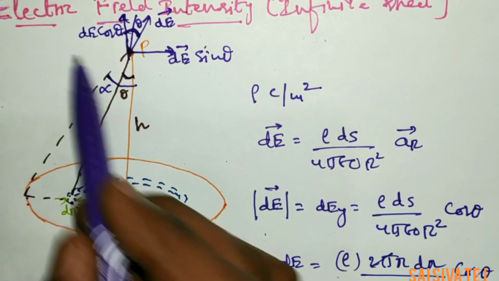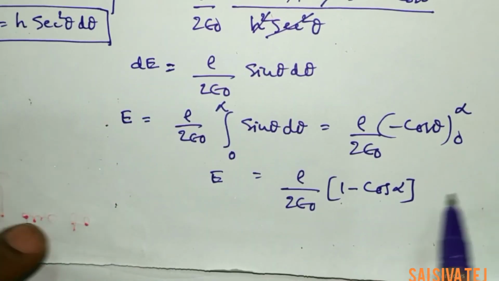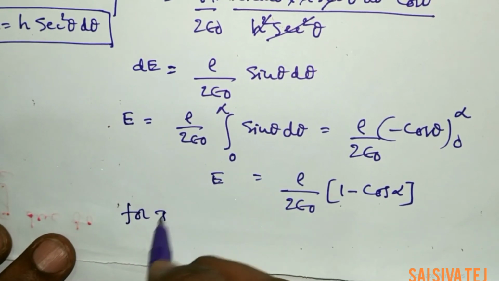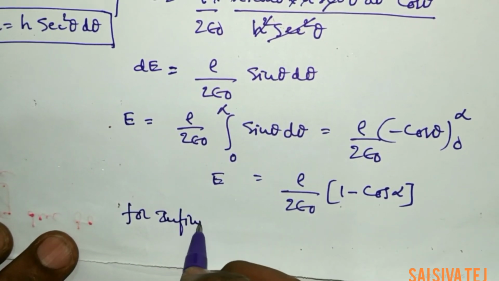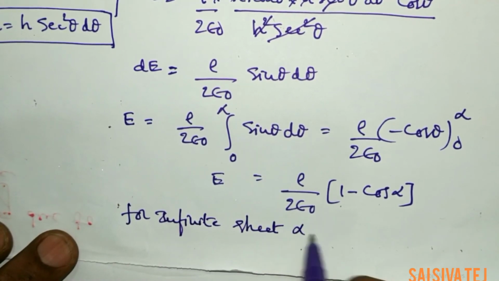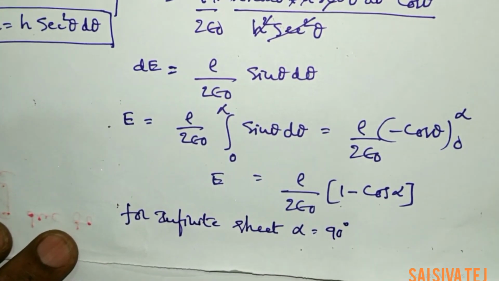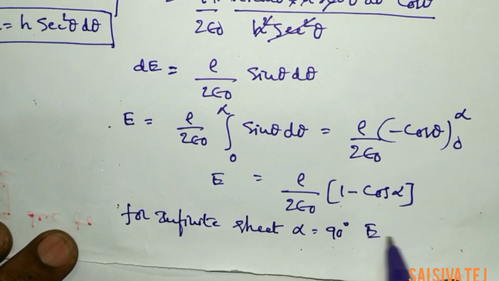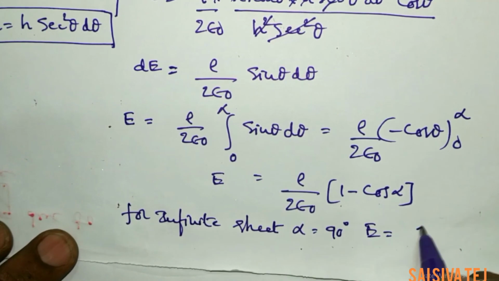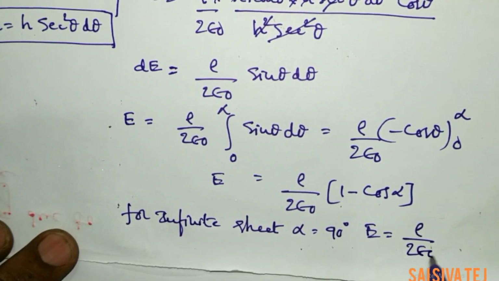Hence 0 to pi by 2, 0 to 90, alpha becomes equal to 90 degrees here. Hence for infinite sheet of charge, the magnitude of electric field intensity, cos 90 is equal to 0, we are going to have rho by 2 epsilon naught.